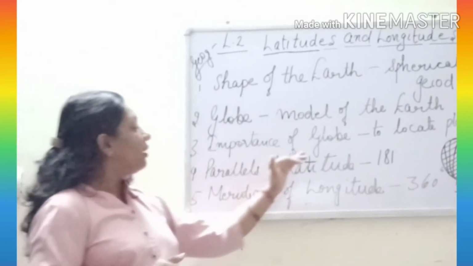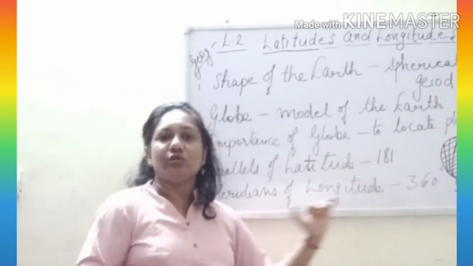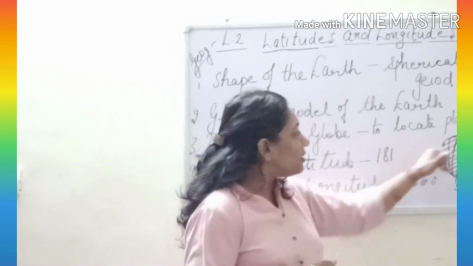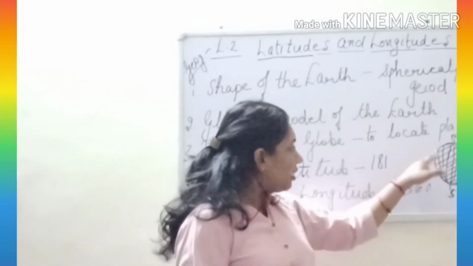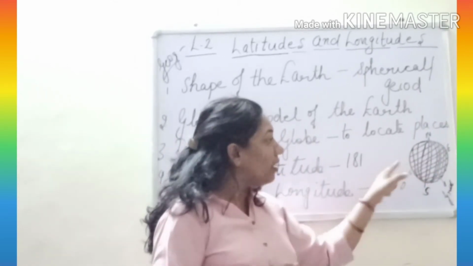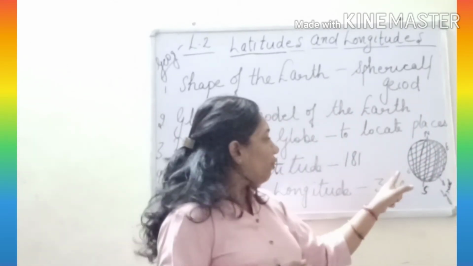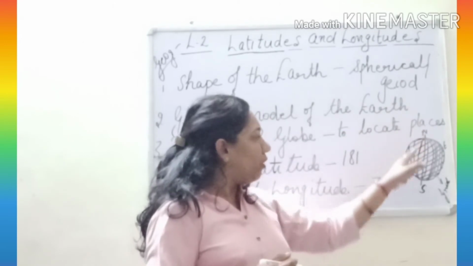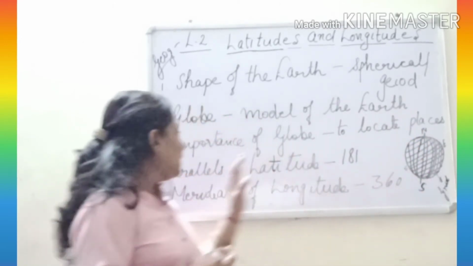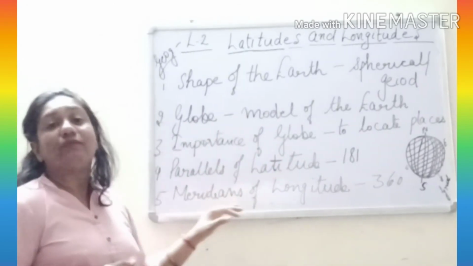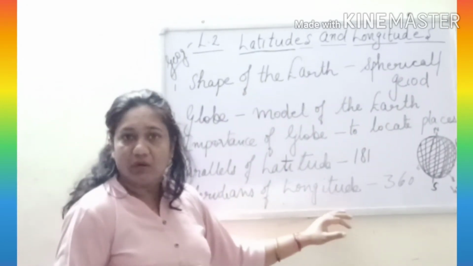Okay, next we have learned about the parallels of latitude. So what are these? Parallels of latitude are nothing but imaginary lines. All these lines which you can see that are running horizontally from east to west and from north to south, that are running vertically. What are these? These are nothing but the parallels of latitude and meridians of longitude.